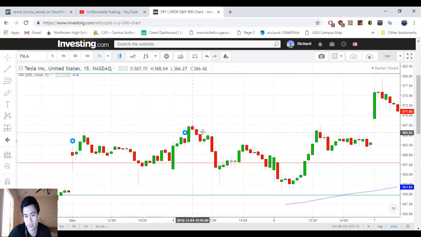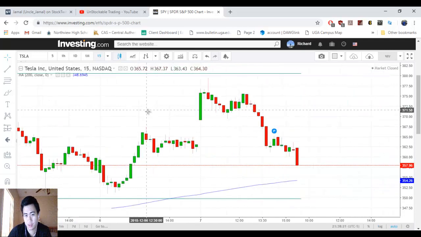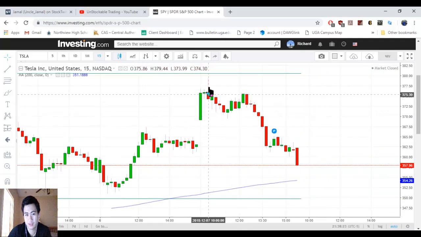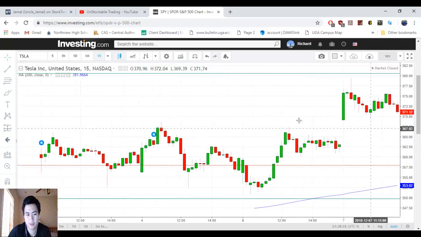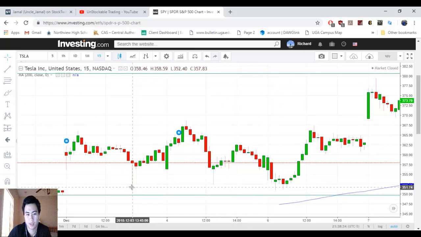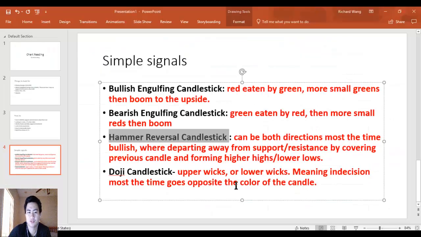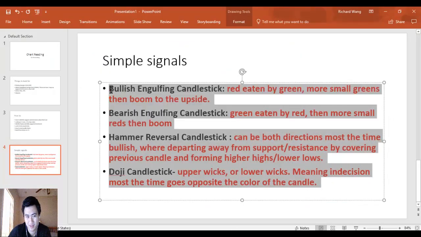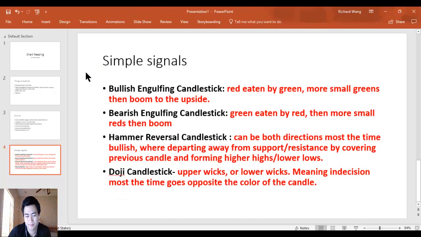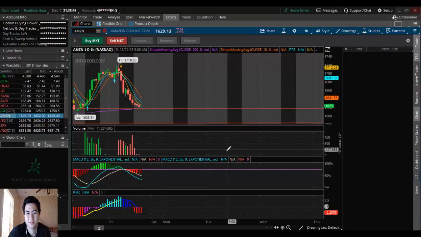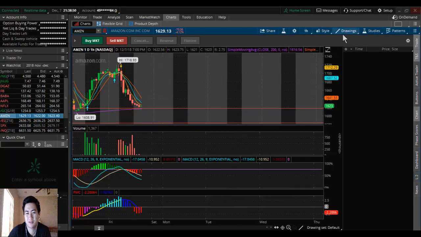If we have a wick to the upside, like this, that means it went all the way up and came all the way back down. So most likely it's going to be a downtrend signal. And this one went all the way down, but it recovered so fast. So most likely we have an upside signal. Honestly, don't really worry about this thing because, again, PMC, PPS has it covered.